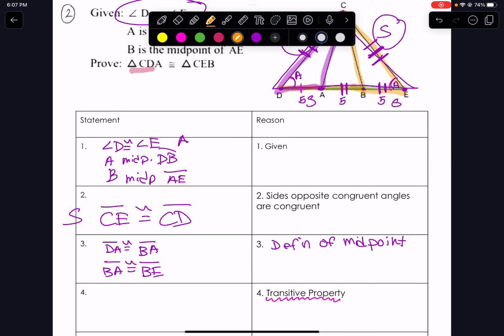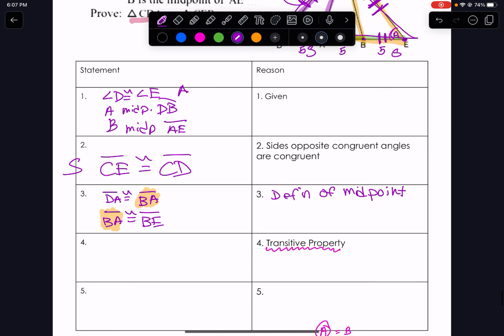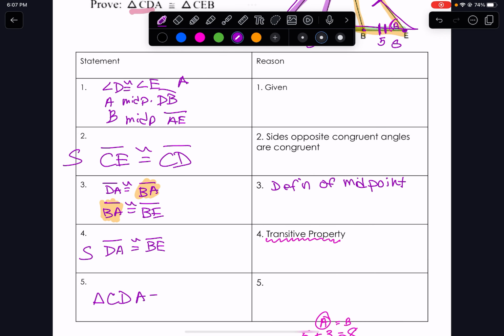Now, if you look, BA is in both of these statements. So I can basically cut out the middleman and say that DA is congruent to BE, and that gives me my final side. So I will say that triangle CDA is congruent to triangle CEB. Reason, side angle side, congruent side angle side.